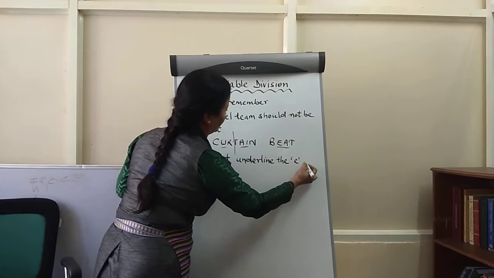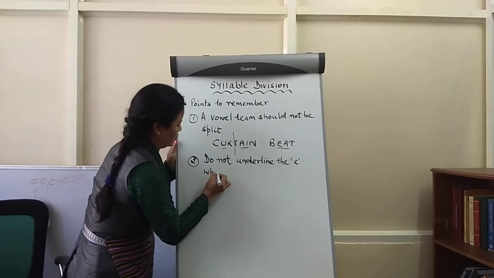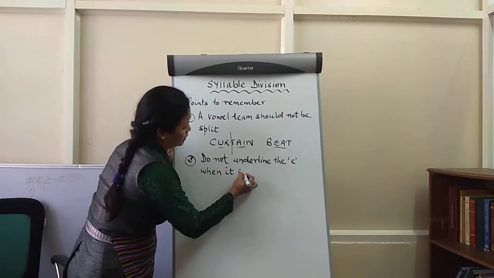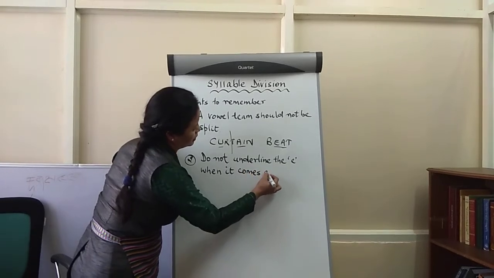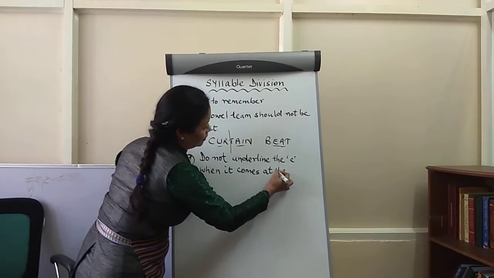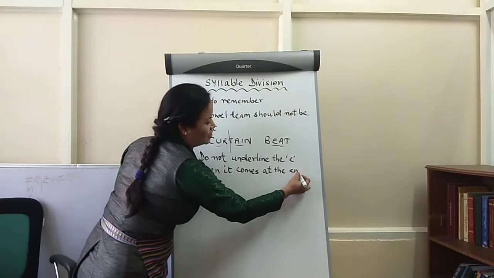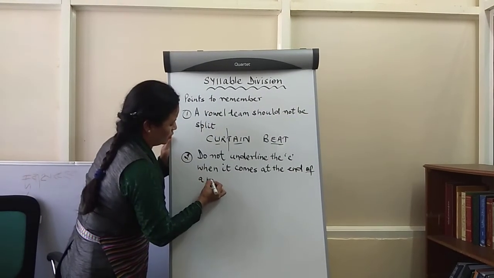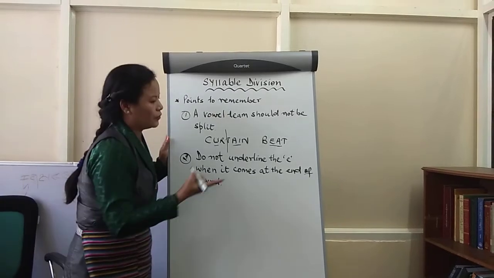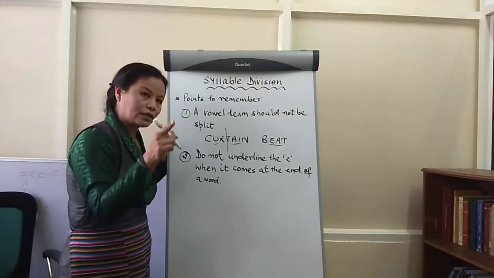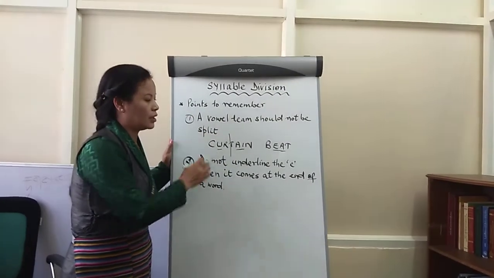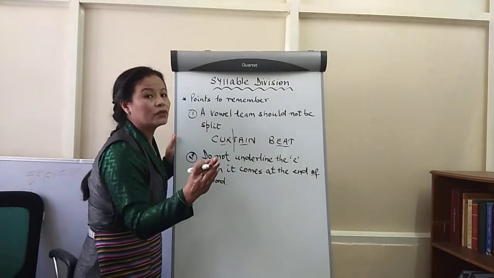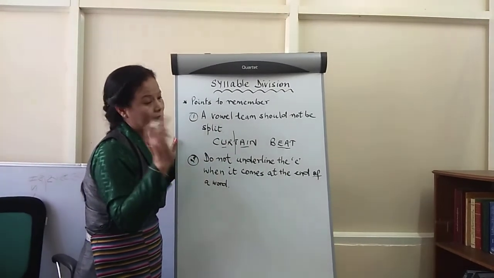Usually we underline the vowel sound and then we split. But when E comes at the end of a word, we will not underline it because it is silent.